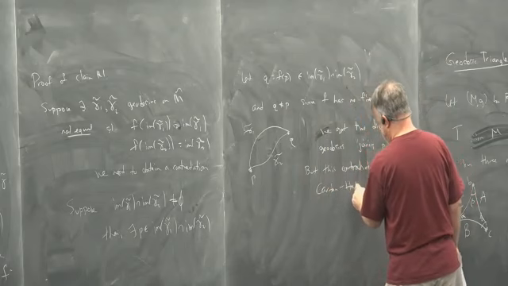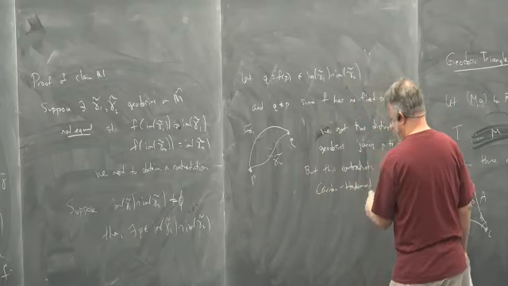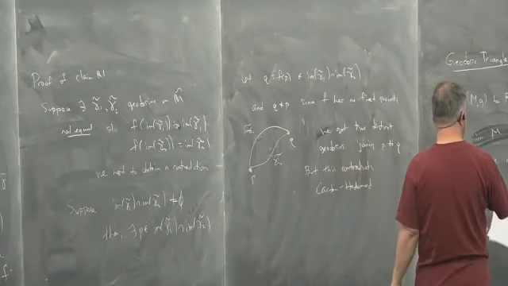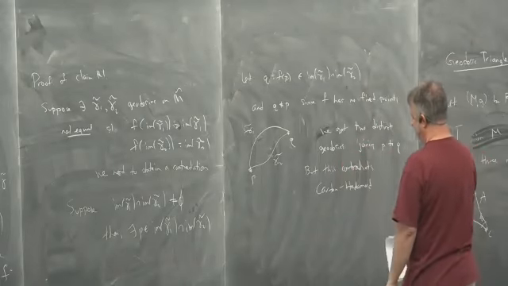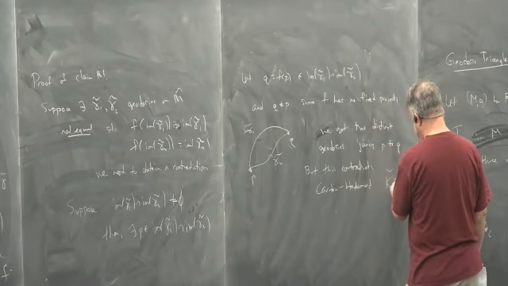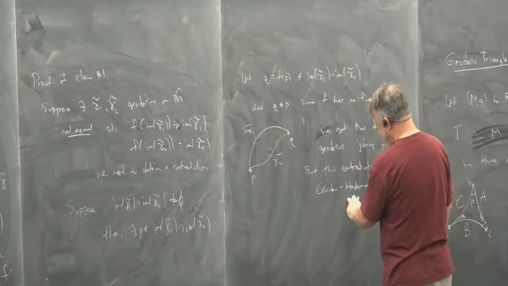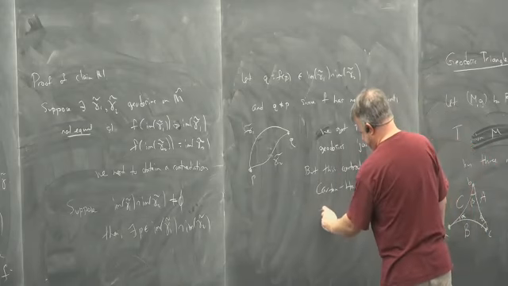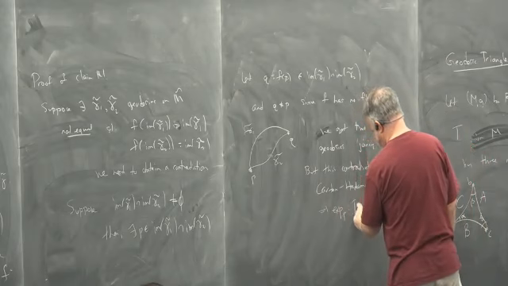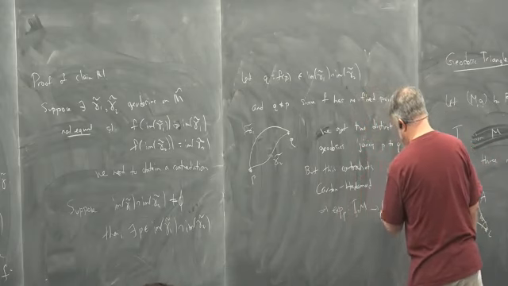Cartan-Hadamard, all you need is non-positive curvature. We have negative curvature. So K tilde is negative. And that tells us that the exponential map is a diffeomorphism.